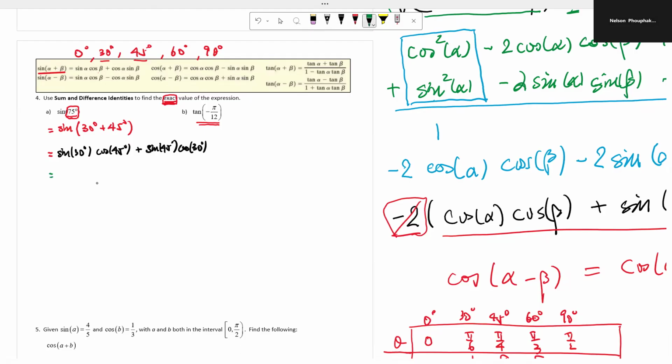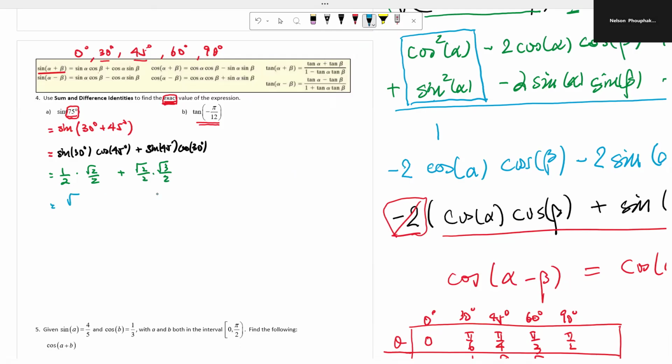Now, sine of 30 degrees is 1/2. Cosine of 45 is root 2 over 2. Sine of 45 degrees is root 2 over 2. Cosine of 30 degrees is root 3 over 2. Now we multiply them together.